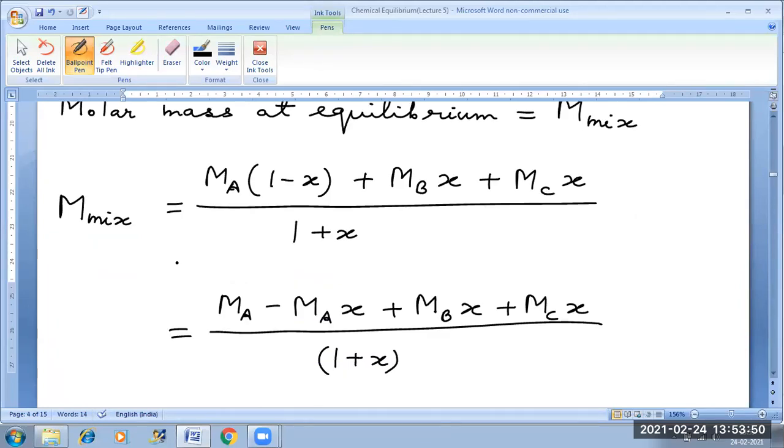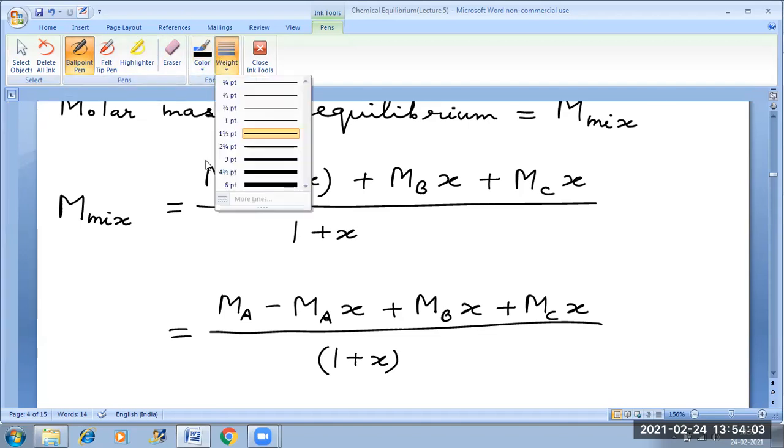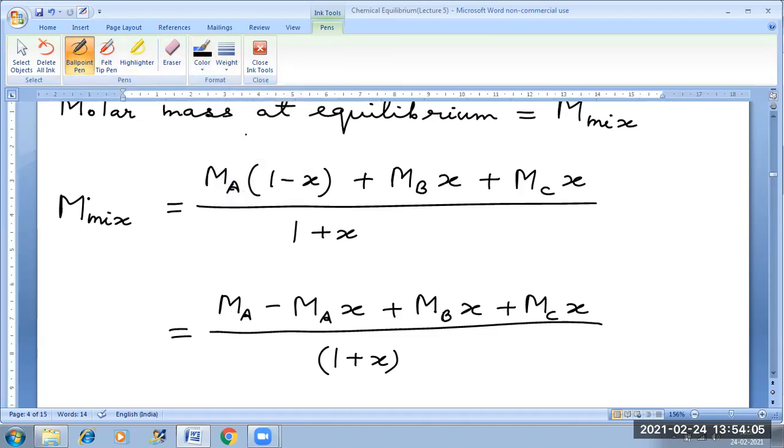On solving further, if I open the bracket, I'll get this. So this is the molar mass of the mixture at equilibrium.